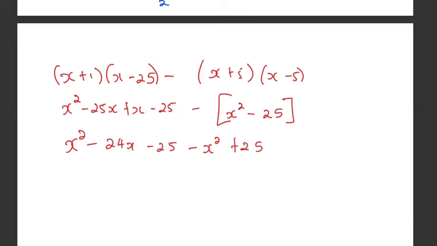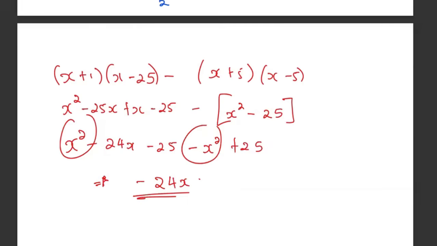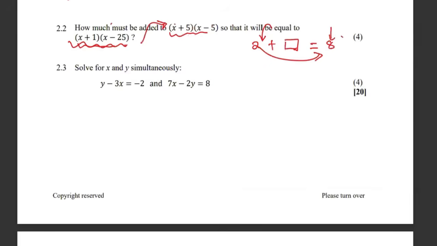So this is going to cancel with that because it's a positive x squared and a negative x squared. So that one cancels. Even the 25, one is negative, one is positive, cancels out. So the final answer is going to be just negative 24x. Okay, negative 24x. So that is what must be added. For 4 marks also, ne?